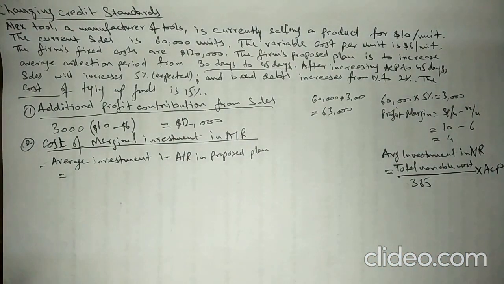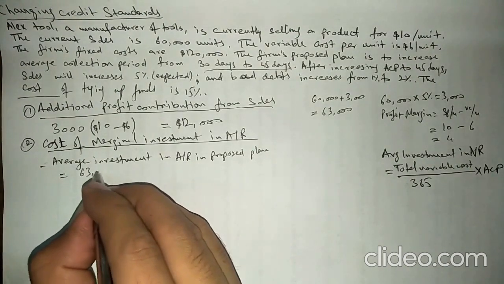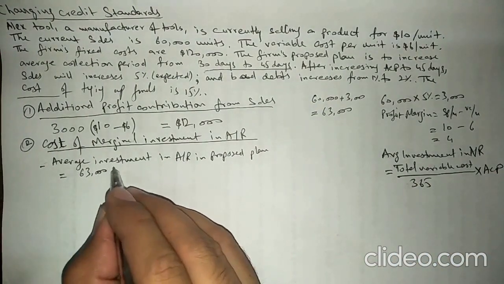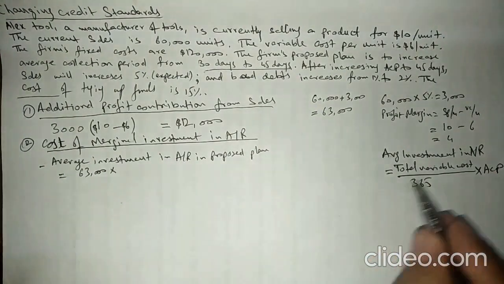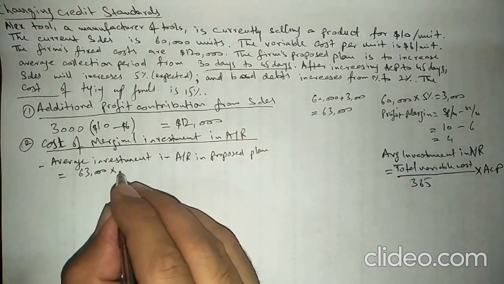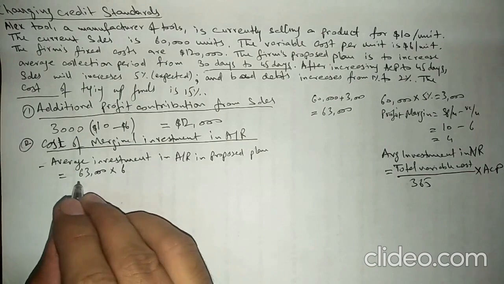Now we can calculate the variable cost: units multiplied by variable cost per unit, so 63,000 multiplied by 6.